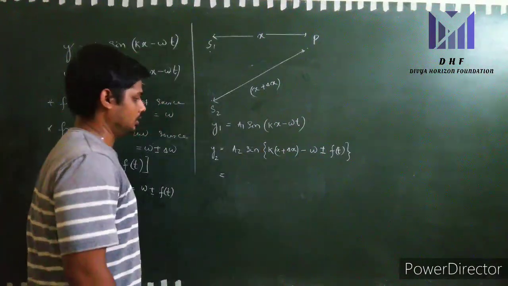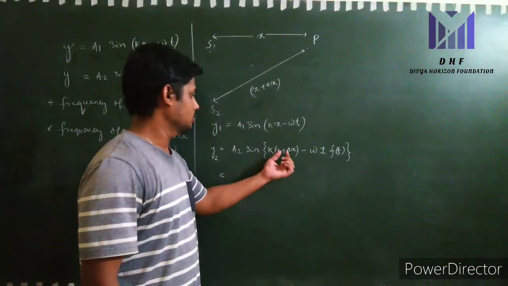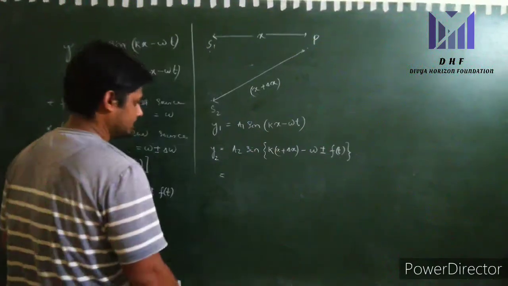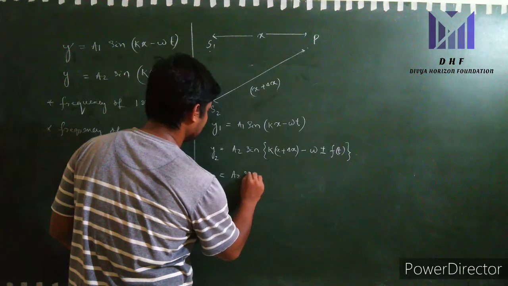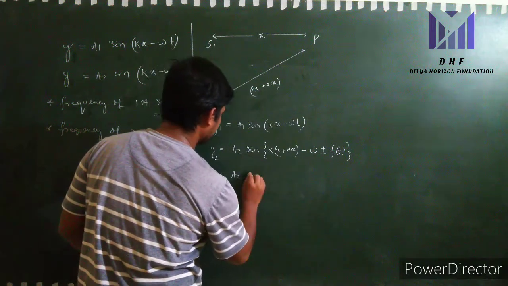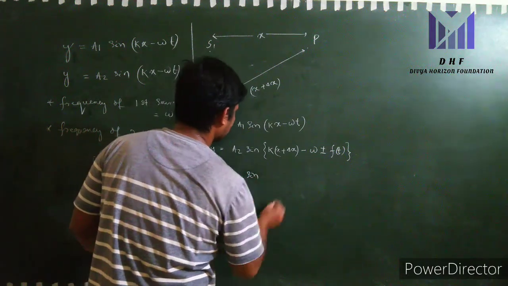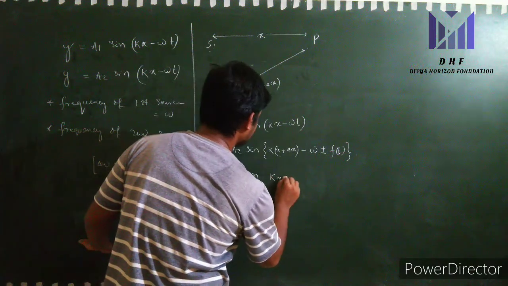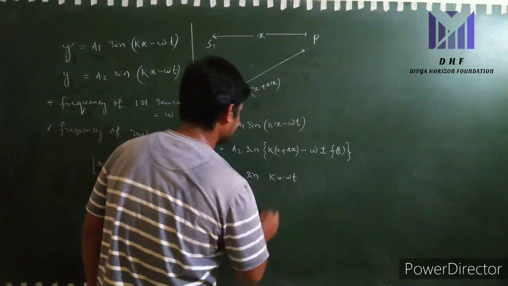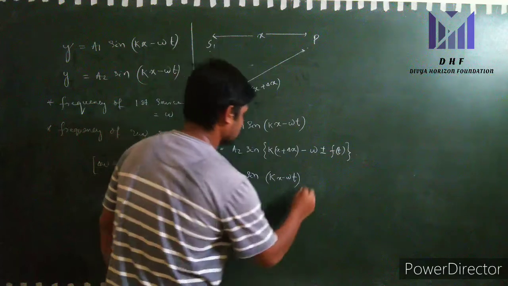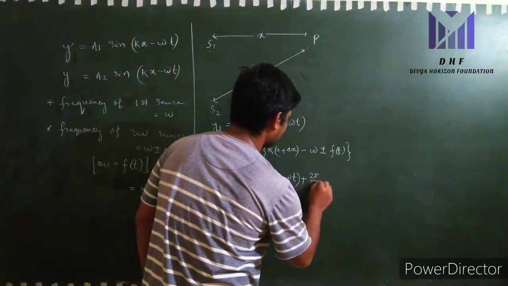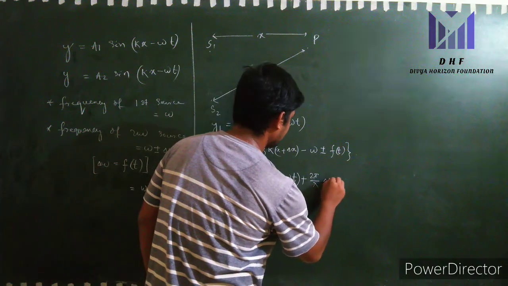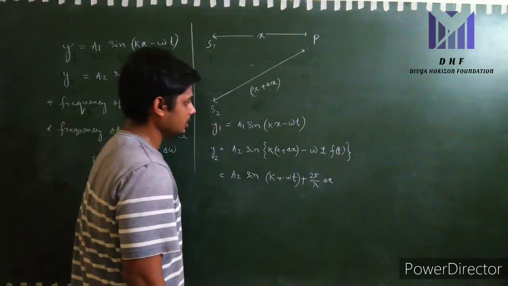Then I am going to separate the x term and t term. Y2 sin kx minus omega t plus k into delta x, which means 2 pi by lambda into delta x.